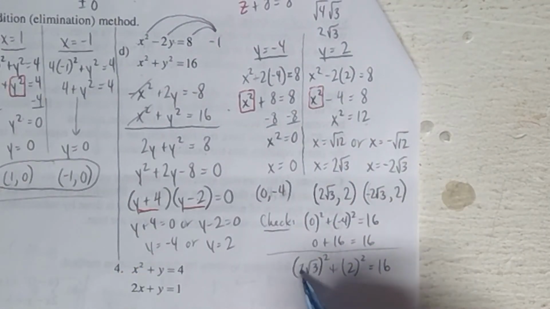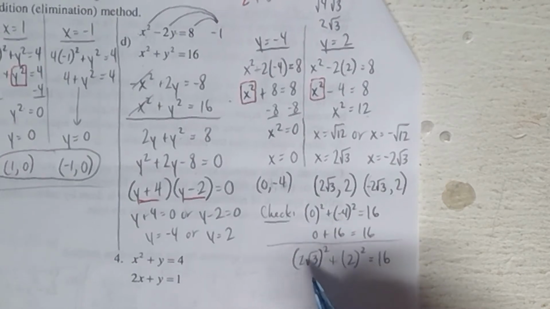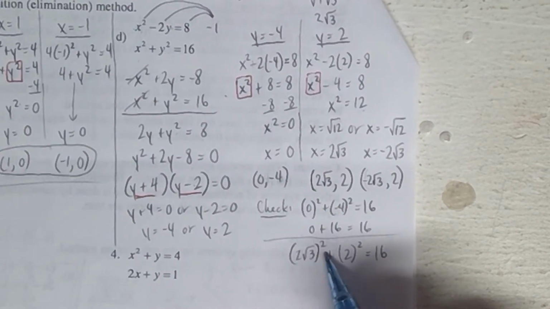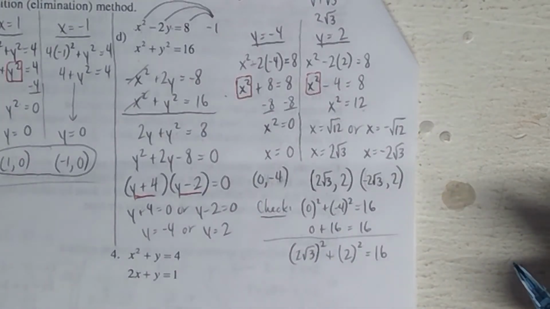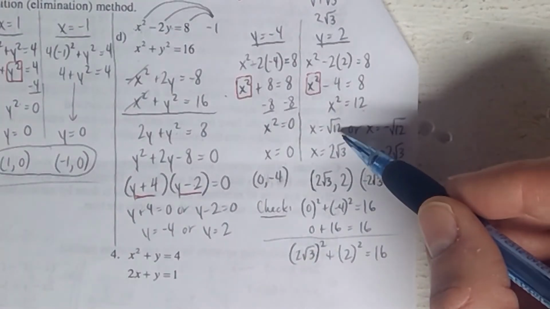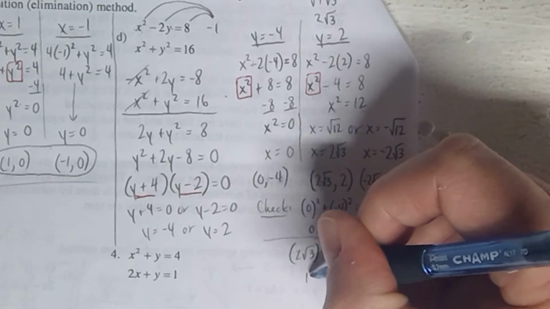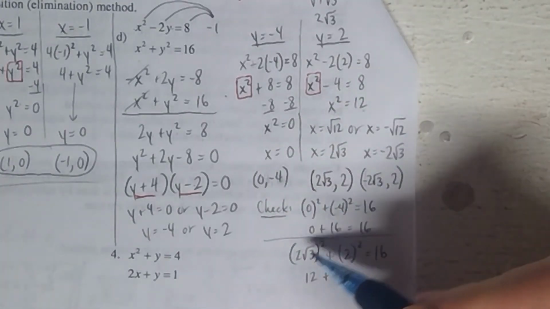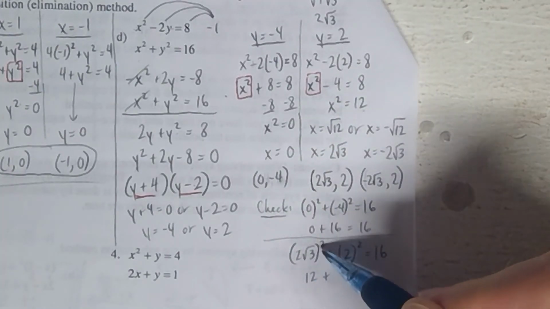And as you know, when you square a square root, as long as it's not a negative number underneath it, it's just going to be equal to the number underneath the square root. So square root of 12 squared is going to be equal to 12.